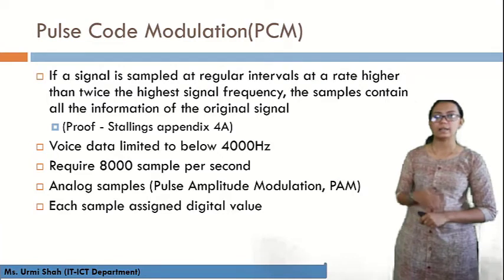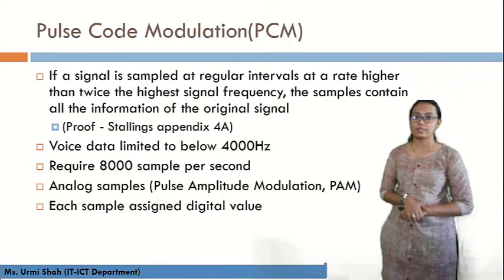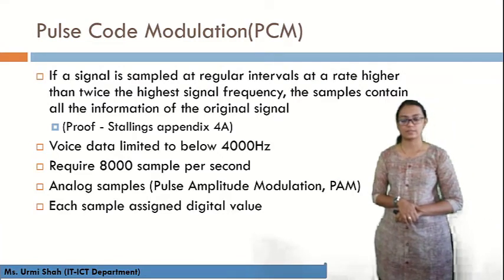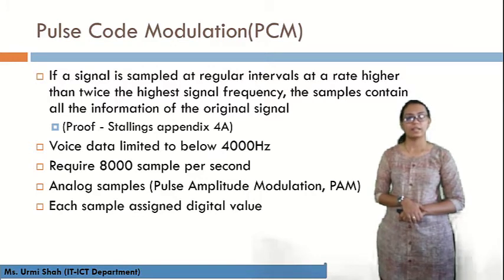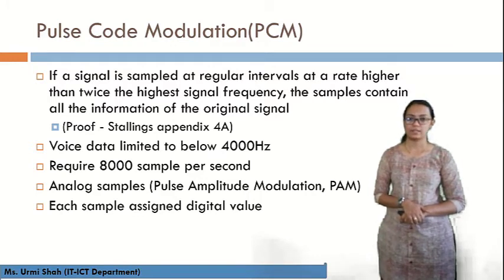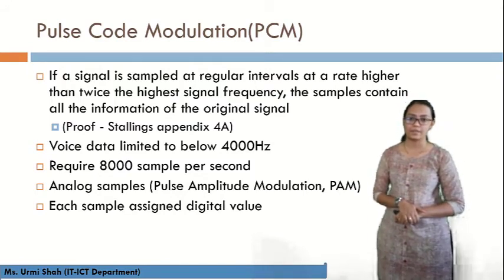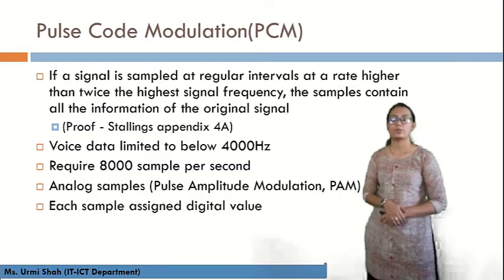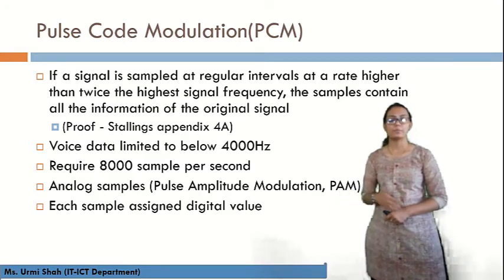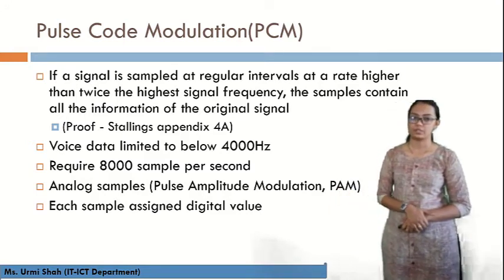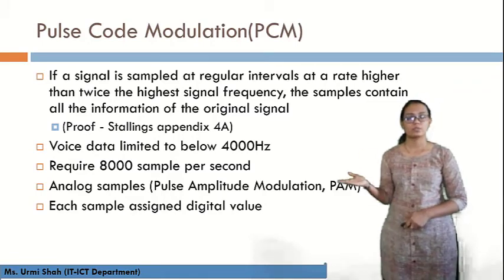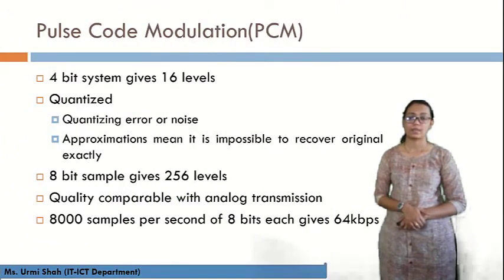So basically, voice data is limited to 4000 Hz and it requires 8000 samples per second. The analog samples which will be taken will be in the form of PAM, that is pulse amplitude modulation, and each sample is assigned a digital value. So this is all about PCM.